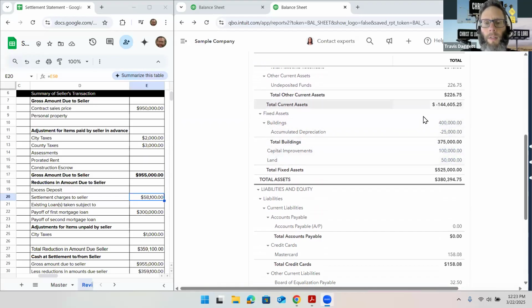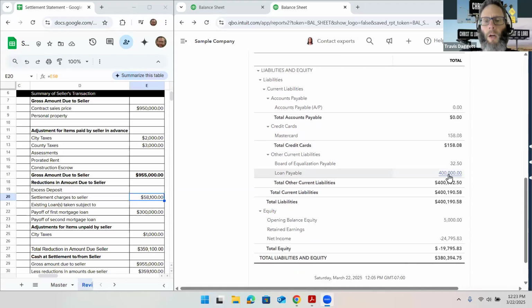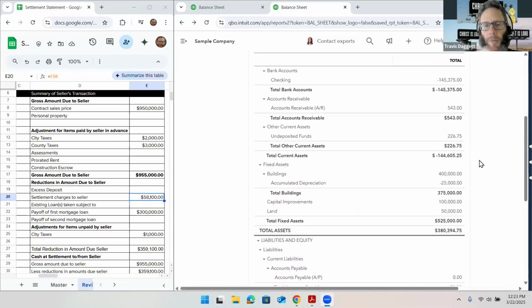So remember that buildings and land are separated because buildings are depreciated, land is not. Capital improvements can be amortized. We're not doing that here. And then the other relevant item is this loan here for the property. Okay.